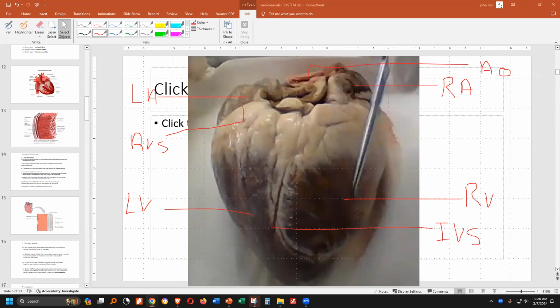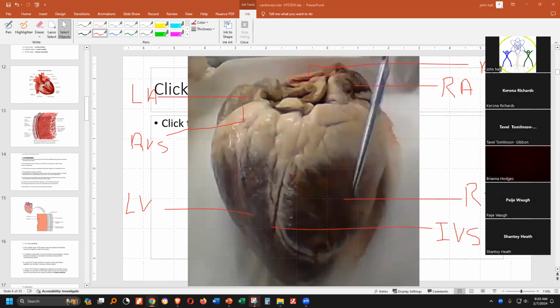I mean, what is realistically important to me is the interventricular septum. So once you can show that, the depiction of the fat is not super important.